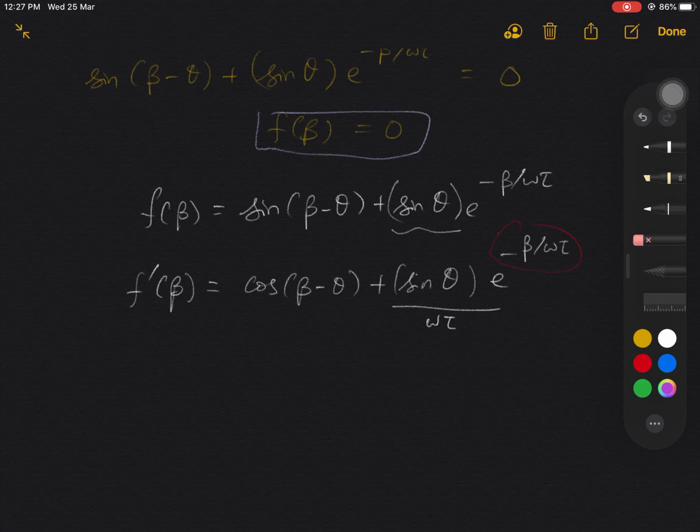So we get this form for the derivative of the function with respect to beta.